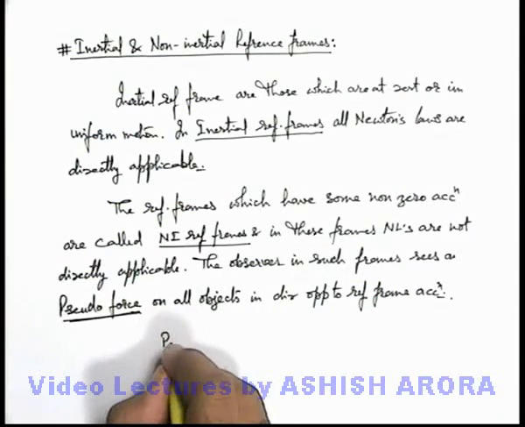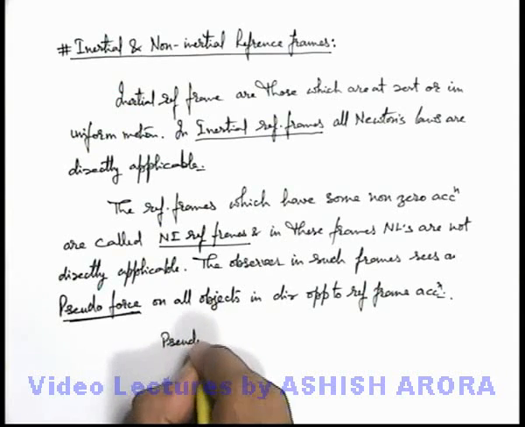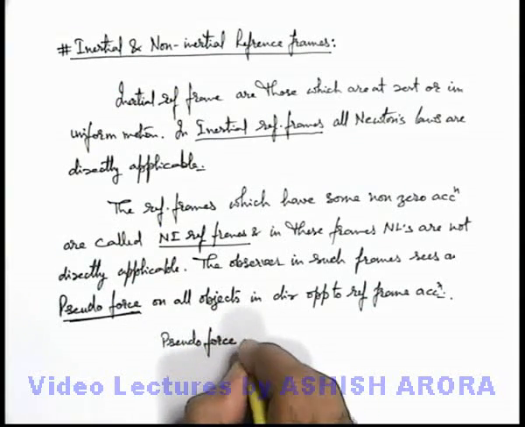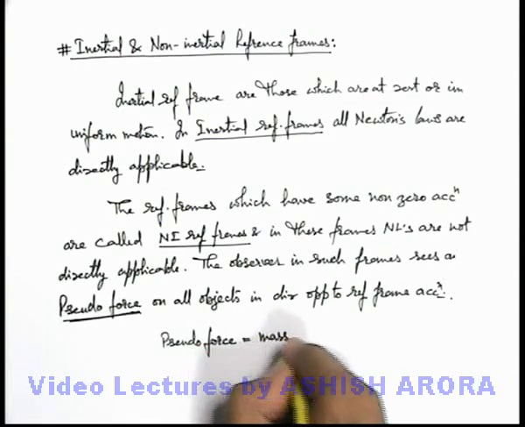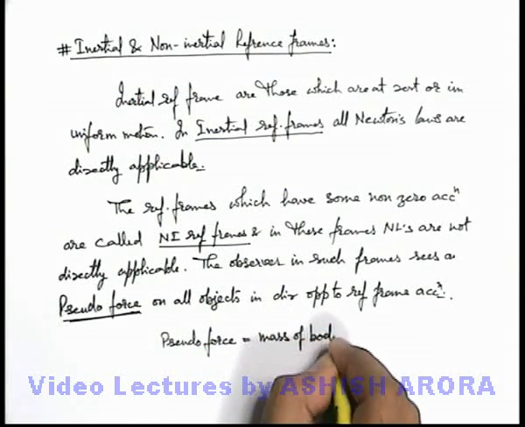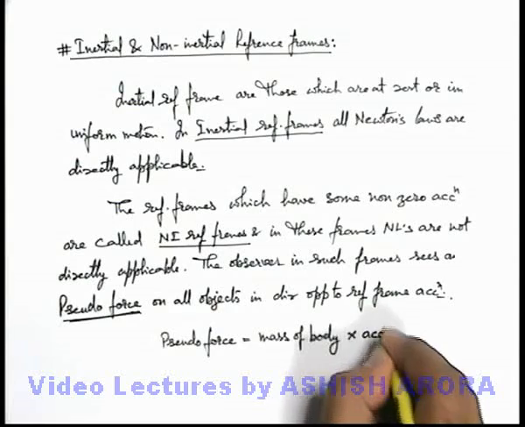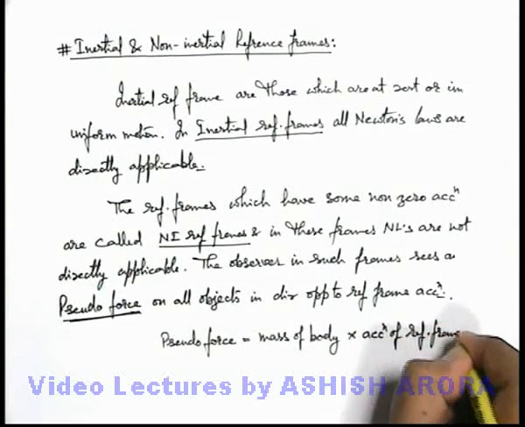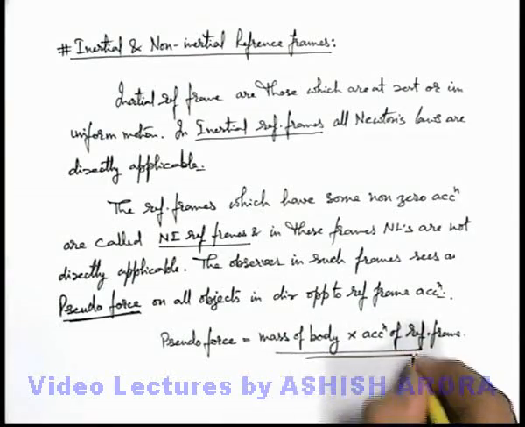Once again, we can write the value of pseudo force, which we discussed in an earlier slide also. Pseudo force is the mass of the body multiplied by the acceleration of the reference frame, or acceleration of the observer. This is the way we analyze.